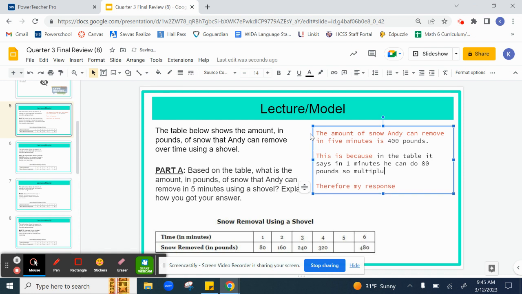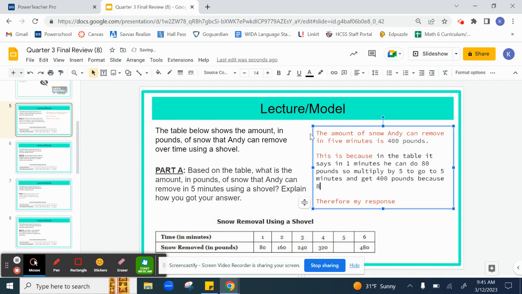So multiply by 5 to go to 5 minutes and get 400 pounds, because 80 times 5 is 400. Therefore, my response is 400 pounds. All right, let's keep going.